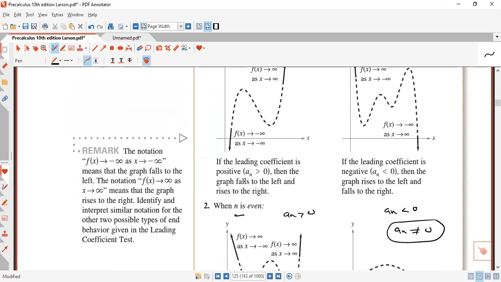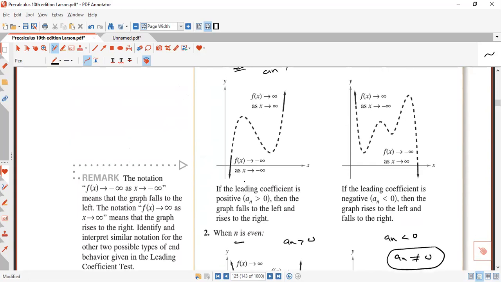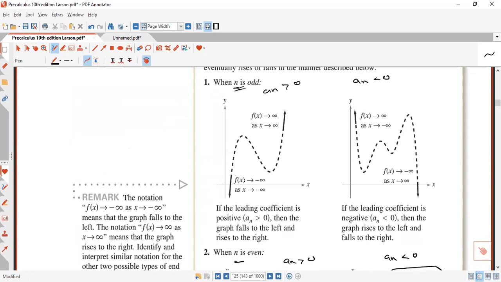Behavior means here we are talking generally, not the exact graph. Ultimately, how the graph will look, and where it will go whenever we put the largest or smallest value of x.